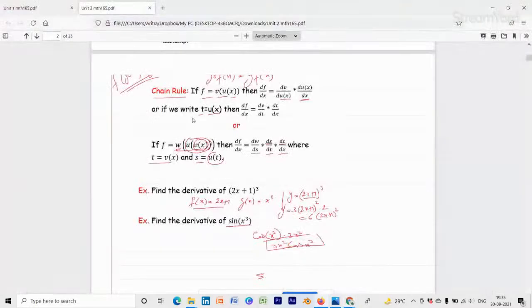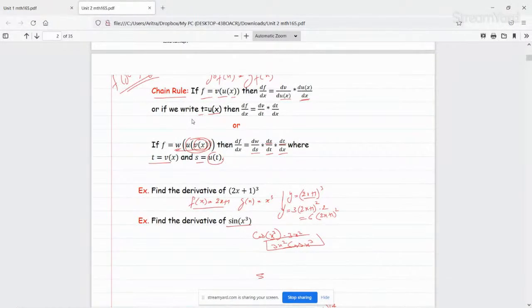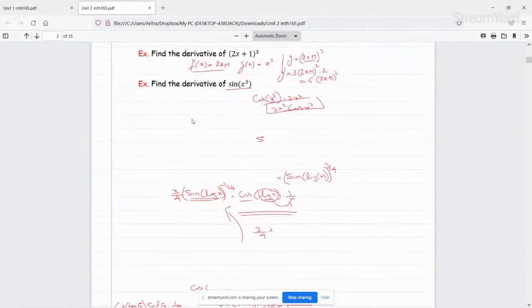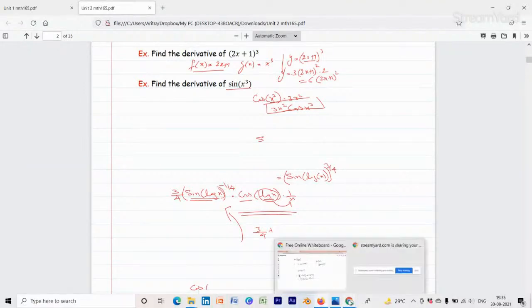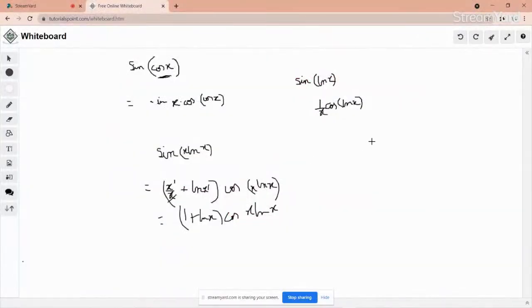I think I have explained the chain rule to you. Okay, this sum, sine of x cube. Let's show this also. Sine of x cube, and you are told to differentiate with respect to x. First, you have to solve the inner part.